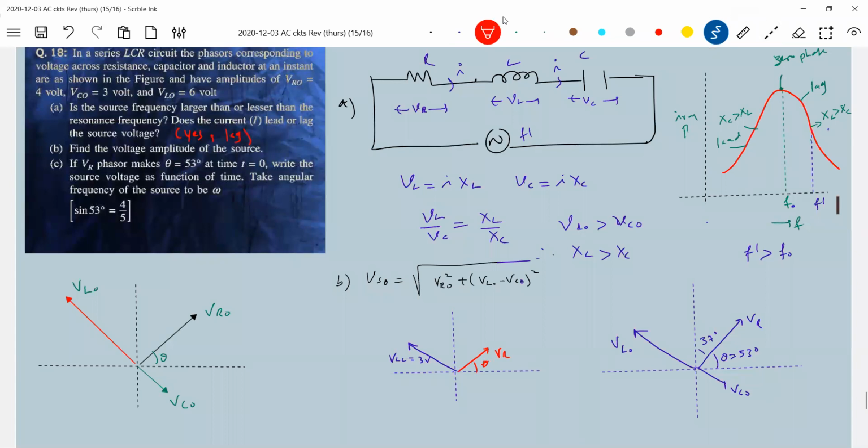So I have to shift this vector. Not parallel. Okay, so this is VLC. I'm just shifting the vector. This angle, we are very sure, is 37 degrees. So therefore, this should be the source voltage.